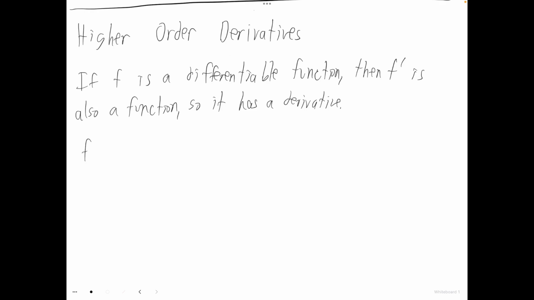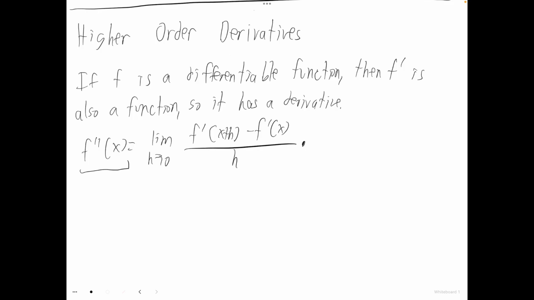We would just take f double prime of x to be the limit as h goes to 0 of f prime of x plus h minus f prime of x, divided by h. And since f prime is a function, this is perfectly fine to do. As suggested, this f double prime is our notation.